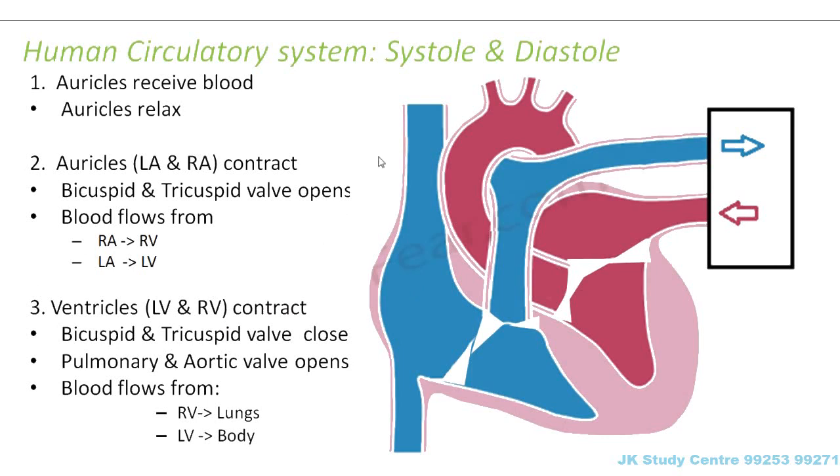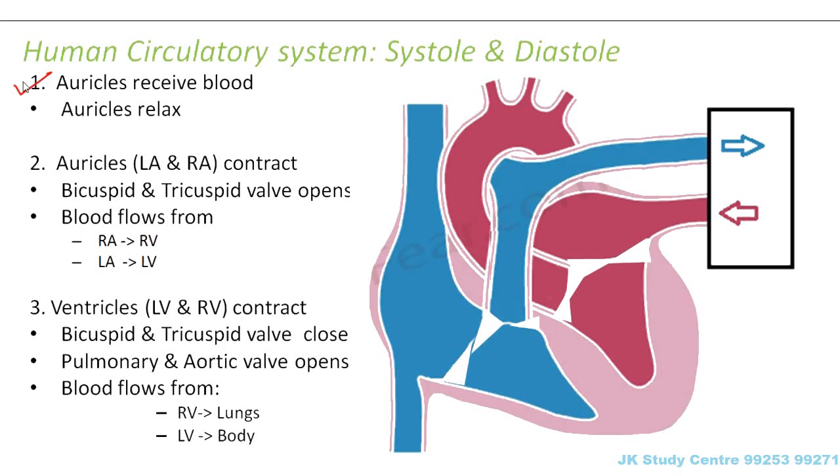Here also, this blue color will represent the deoxygenated blood and the red color will represent the oxygenated blood. Let us try to understand the process stepwise. The first step is that the auricles receive blood. As I said, auricles are the receiving chamber, so they will always receive blood.